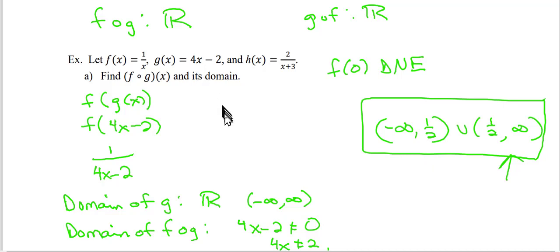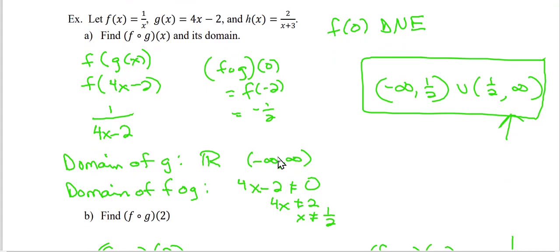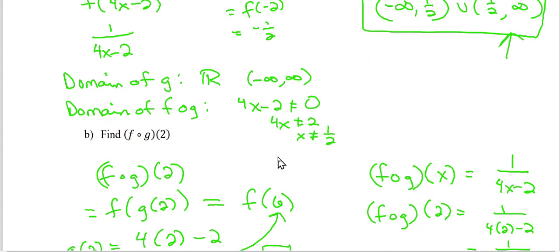F of G of 0 would be f of negative 2, because G of 0 is negative 2, which is negative 1/2, and that's okay. We don't have to worry about the domain of the outside function, only the inside function and then the actual composition.